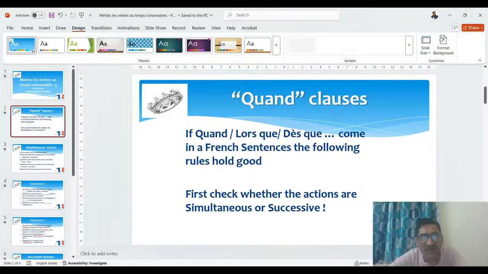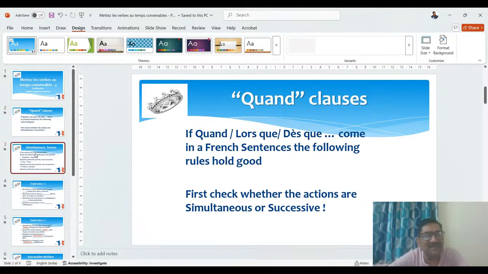So if quand, lorsque, dès que comes in a sentence, all this means when, no? When quand, lorsque, dès que come in French sentences, the following rules hold. So first, you should check whether the actions are simultaneous or successive. What do I mean by simultaneous?